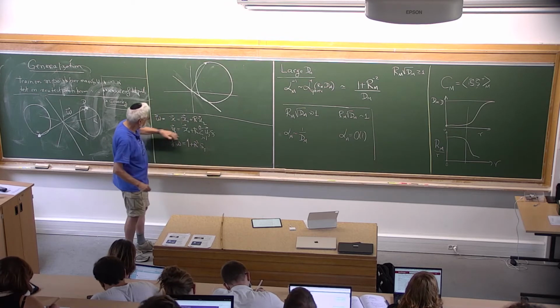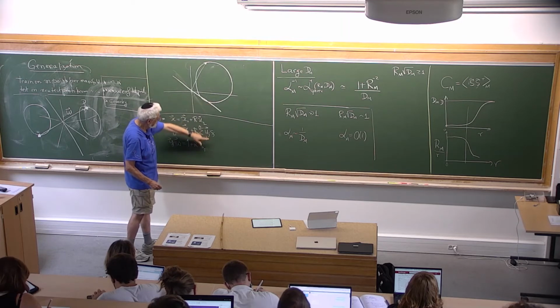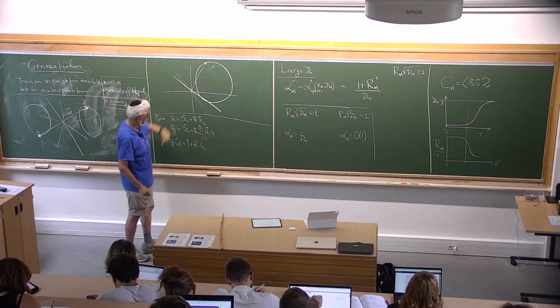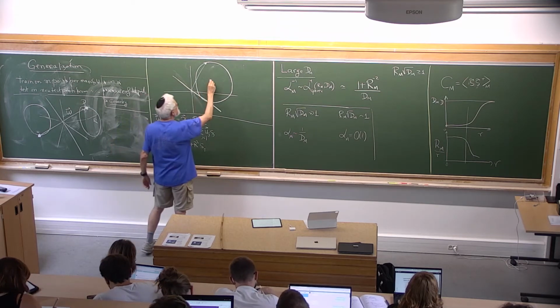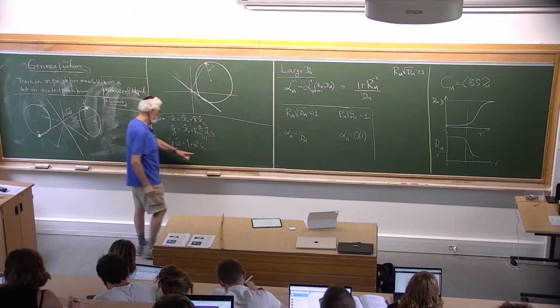S1 is the coordinate, is the projection of the new point on the sphere on U1, on the direction of, so this is the center, this is U1 now. Okay, so this is the result.